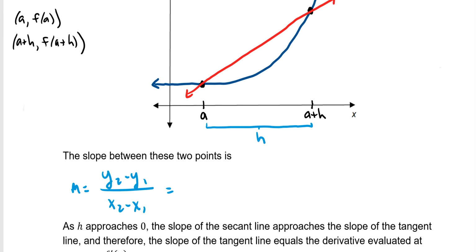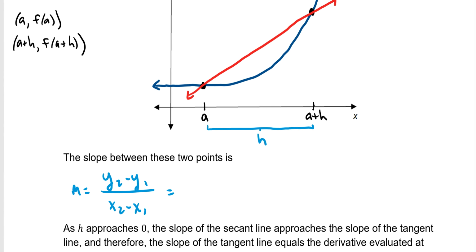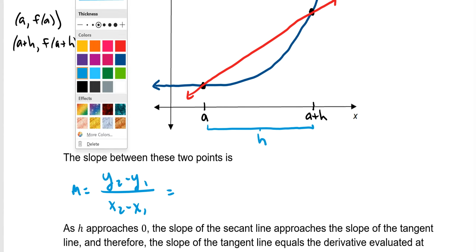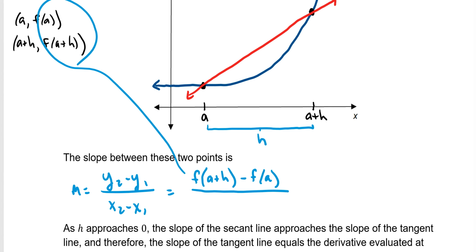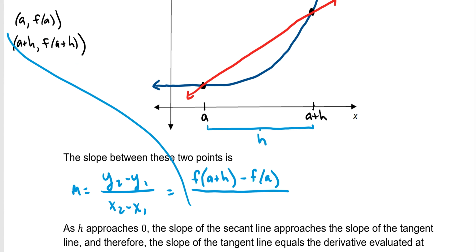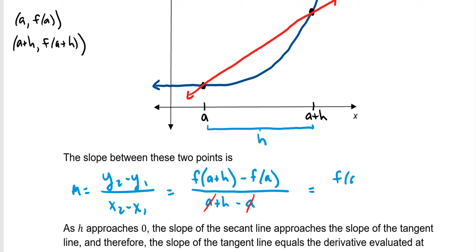So now, just like before, we can figure out the slope between these 2 points, which is y2 minus y1. So f of a plus h minus f of a, the difference in the y coordinates, divided by x2 minus x1, a plus h minus a. But this time notice that the a's actually cancel, and all we're left with is f of a plus h minus f of a all over h.